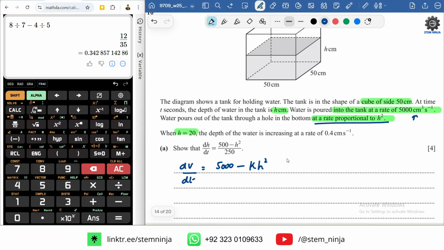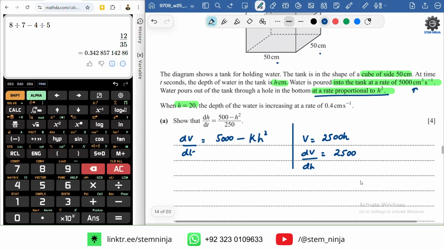Okay, so V in terms of h, we have 50 times 50 times h, so 2500h. So that means dV over dh is 2500, right? And we need to find out dh over dt.